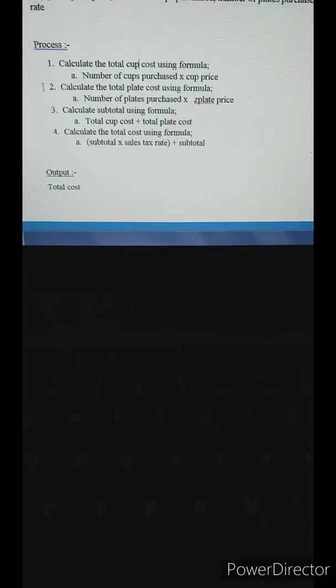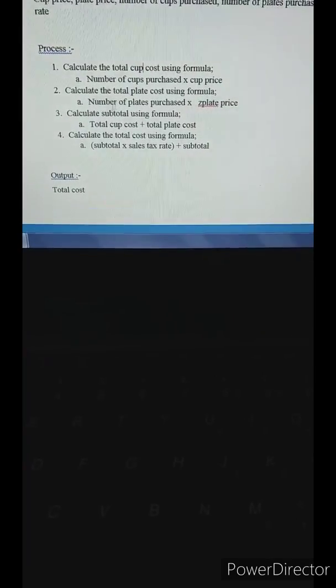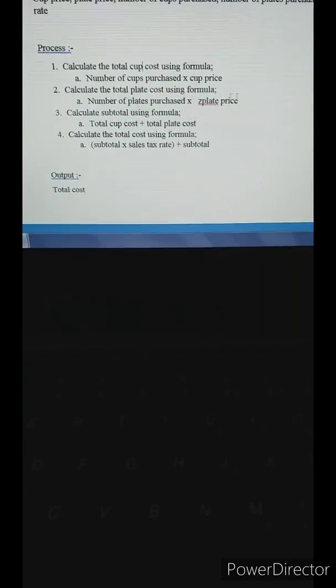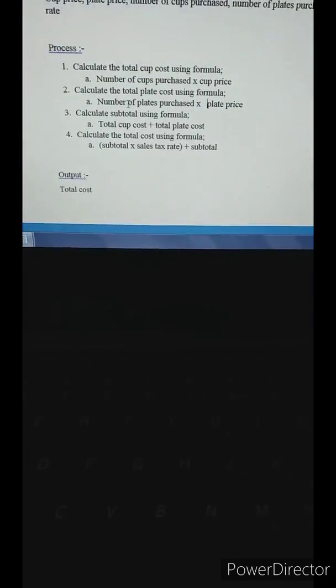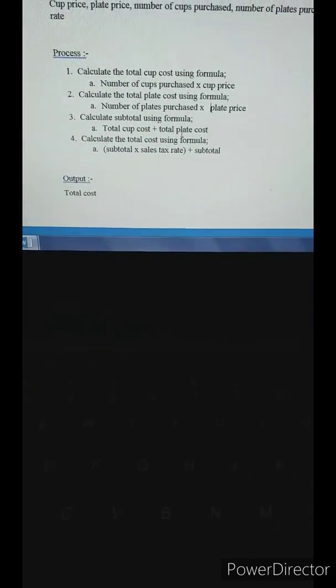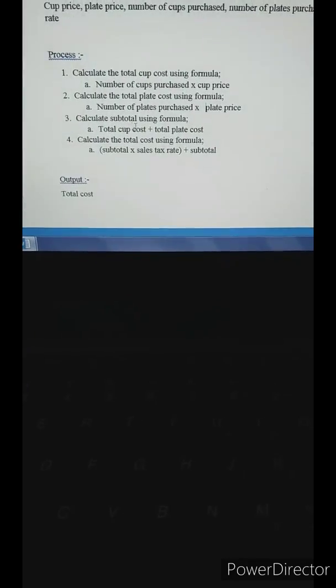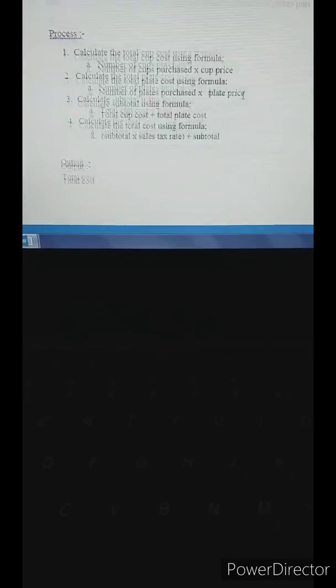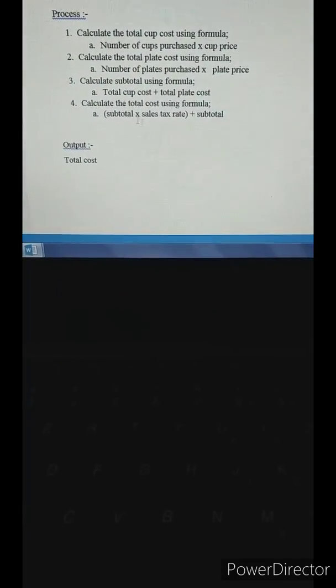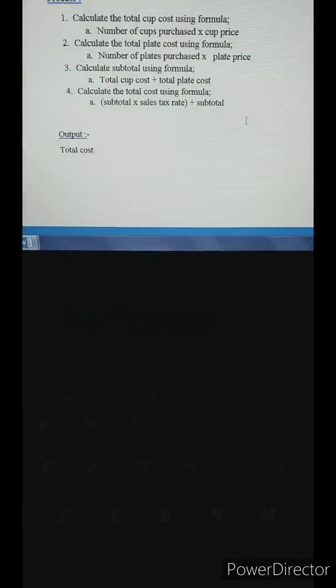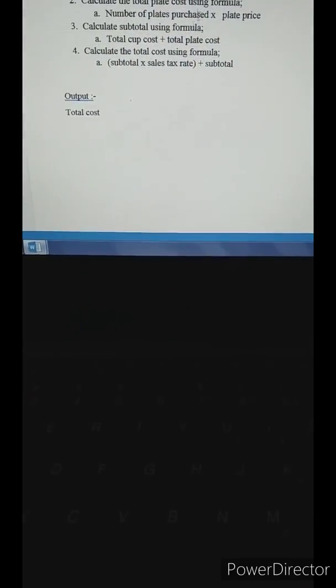The second one will be plate cost: number of plates purchased multiplied by plate price. The third one will be subtotal, using the formula total cup cost add total plate cost. And the fourth one will be to calculate total cost using the formula subtotal times sales tax rate plus subtotal, and then the output will be total cost.